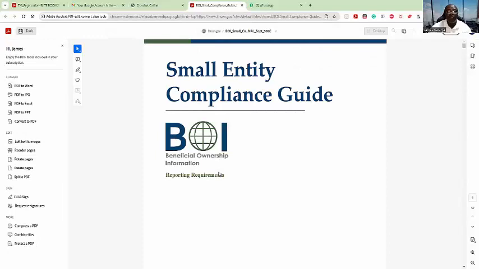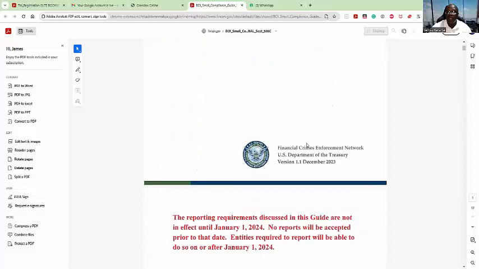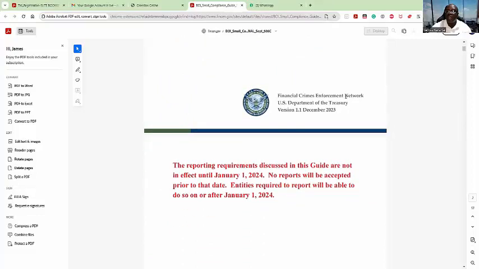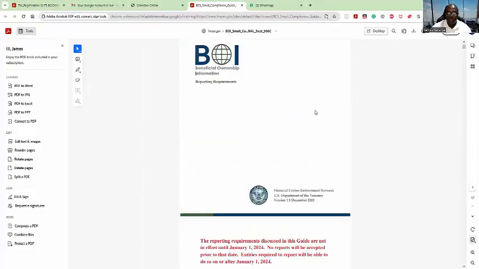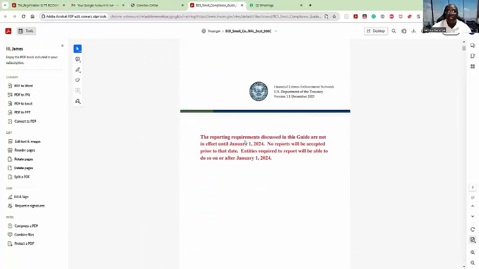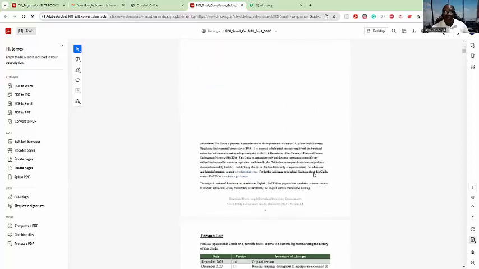Okay, let's find out what that means. Small entity compliance guide. Financial Crimes Enforcement Network. The reporting requirements discussed in this guide are not in effect until January 1, 2024, which is where we are now. No reports will be accepted prior to that date. Entities required to report will be able to do so on or after January 1, 2024.